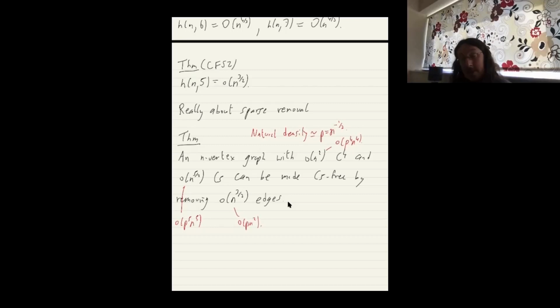So it's a sparse removal lemma saying that if you have few C4s and few C5s, then you can remove all C5s and actually all triangles by removing few edges. And that has various implications. One of the implications being this result about Berge cycles, another being it's equivalent to that h_n(5) question.